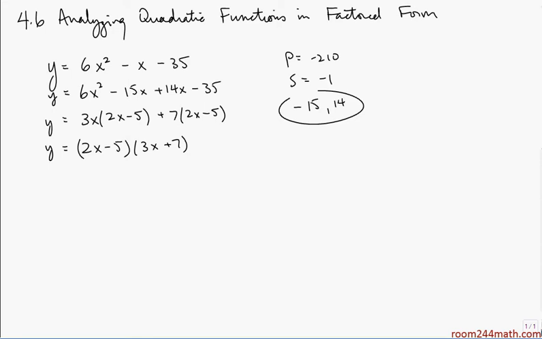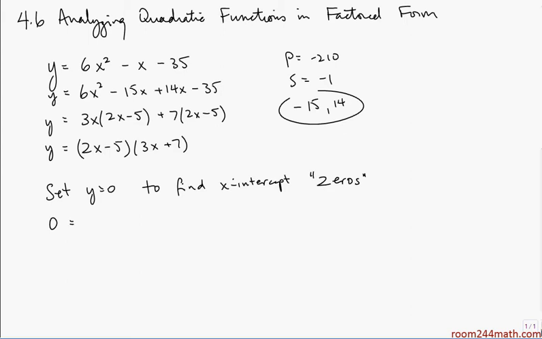Well, if you set the y-coordinate equal to 0, you solve for the x-intercepts, or the zeros. So set y equals 0 to find x-intercepts, which are sometimes called zeros.